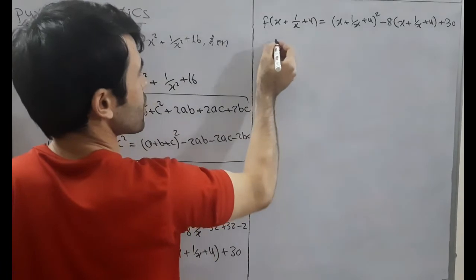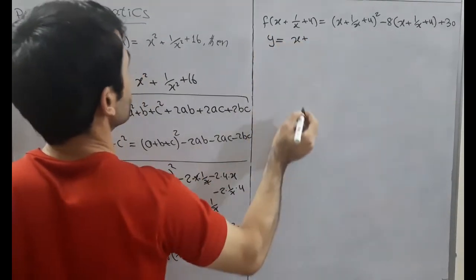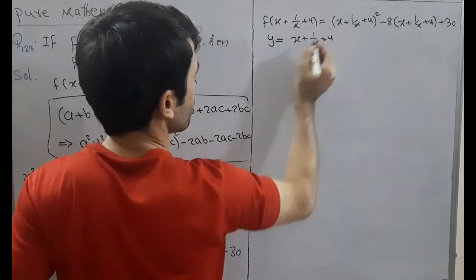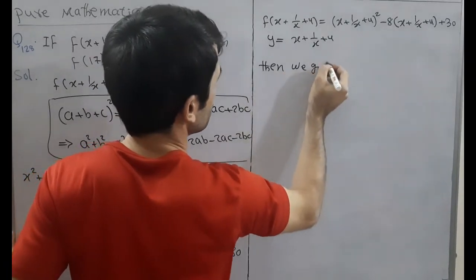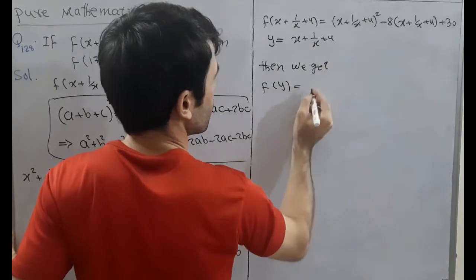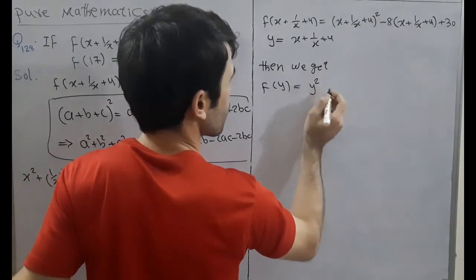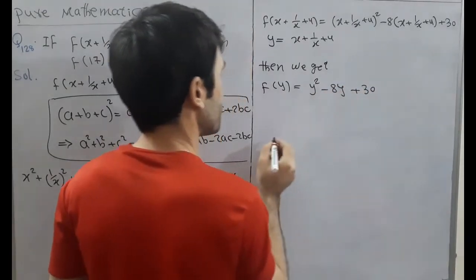If we substitute y is equal to x plus 1 over x plus 4, then we get f of y is equal to y squared minus 8 into y plus 30.